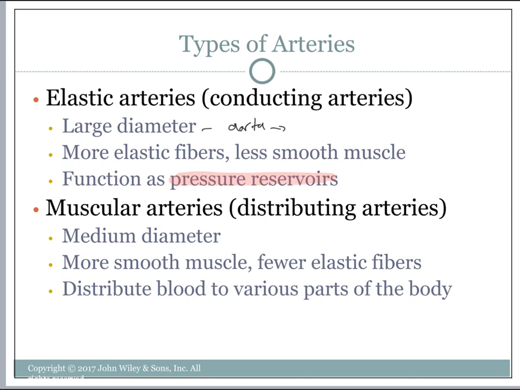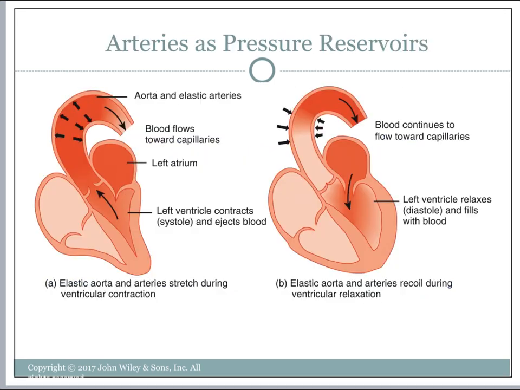So again, we're using the analogy of our highways, our byways, our roads, and our side roads, and our home streets to kind of bring this together and make sense out of it. Now we talk about arteries as pressure reservoirs, and those are the major elastic arteries. So the aorta and elastic arteries, blood's flowing towards the capillaries, the left ventricle's contracting, and that pressure is being exerted on the artery.